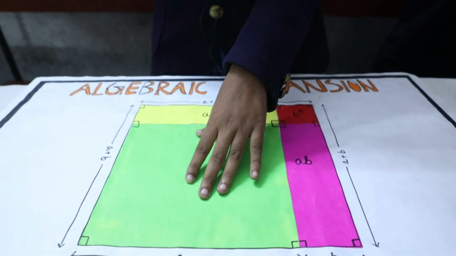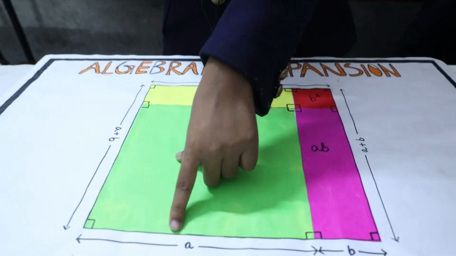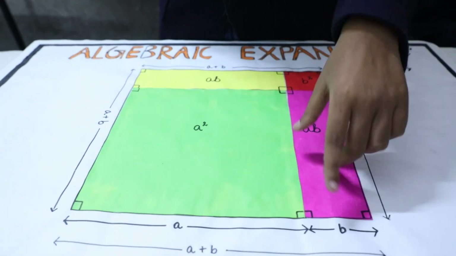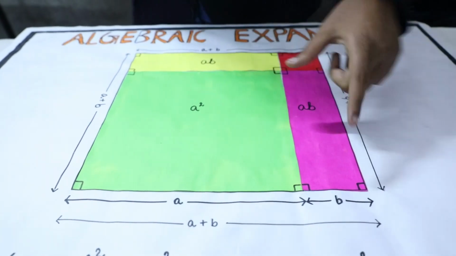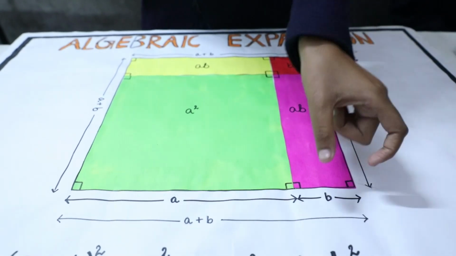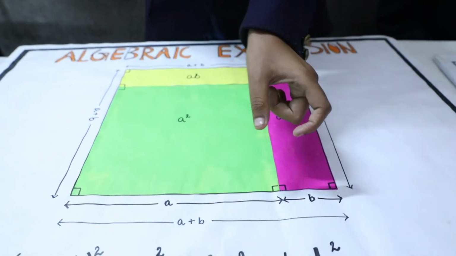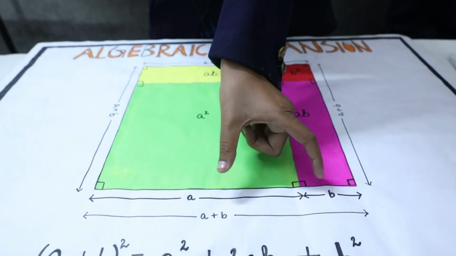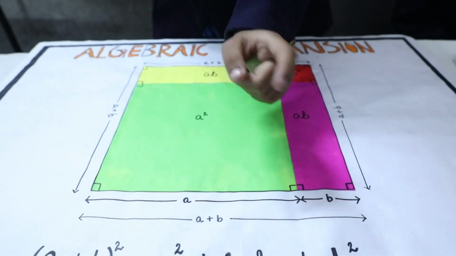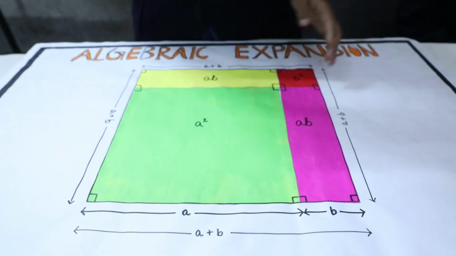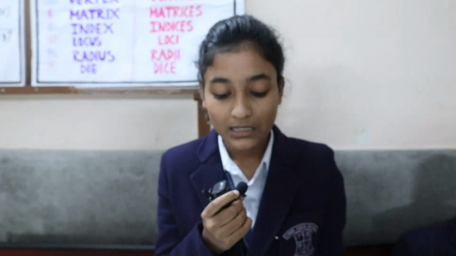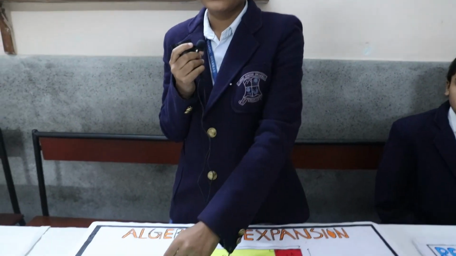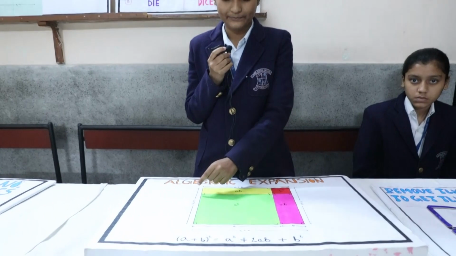In the medium size square, we have marked the length as A, and in this rectangle we have marked the breadth as B. Here you can see this is the length and this is the breadth, so we have marked the breadth as B. If we sum up these two sides, means when we are adding these two sides, we get A plus B. Since we know that all the four sides of a square are equal, so we are writing A plus B in all the four sides of a square.